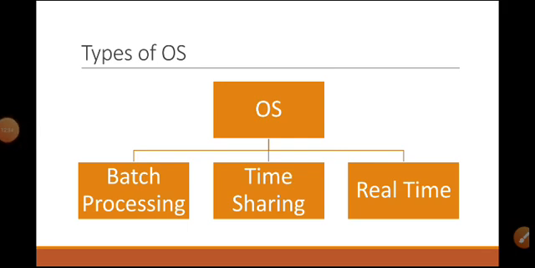With this, we have covered today's lecture. I hope all of you have understood the three different types of operating system. The task you have to do is to differentiate between time sharing and real-time operating system.